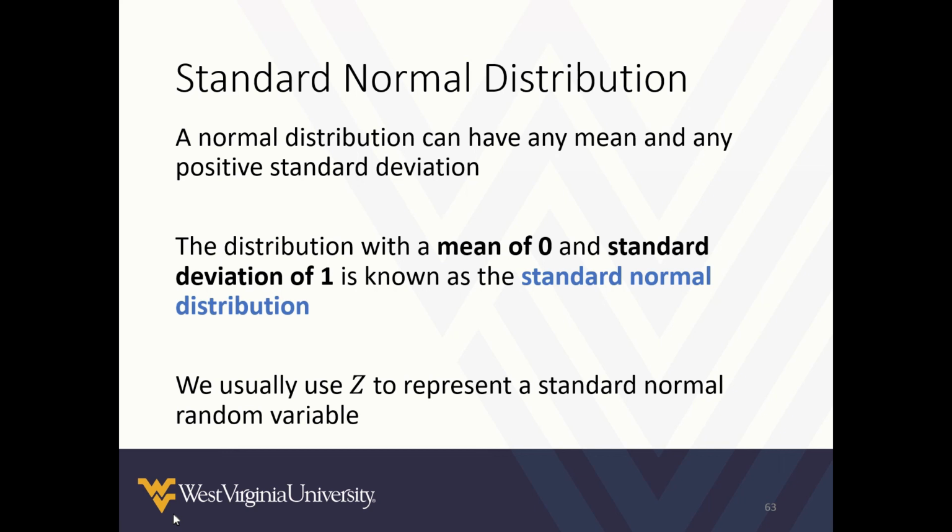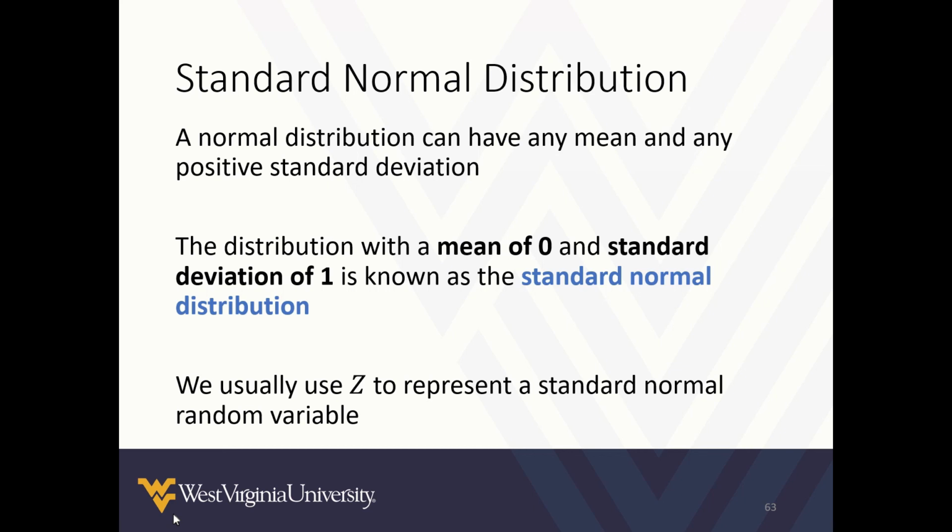So this helps us need to find an alternative option. In order to do that, we need to have an understanding of the standard normal distribution. A normal distribution can have any mean and any positive standard deviation. But there is a special situation known as the standard normal distribution, which is when the normal distribution has a mean of 0 and a standard deviation of 1.